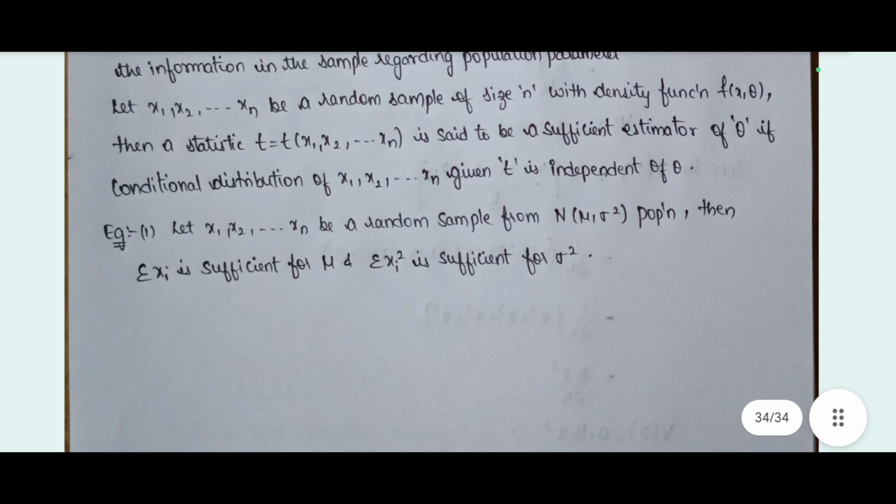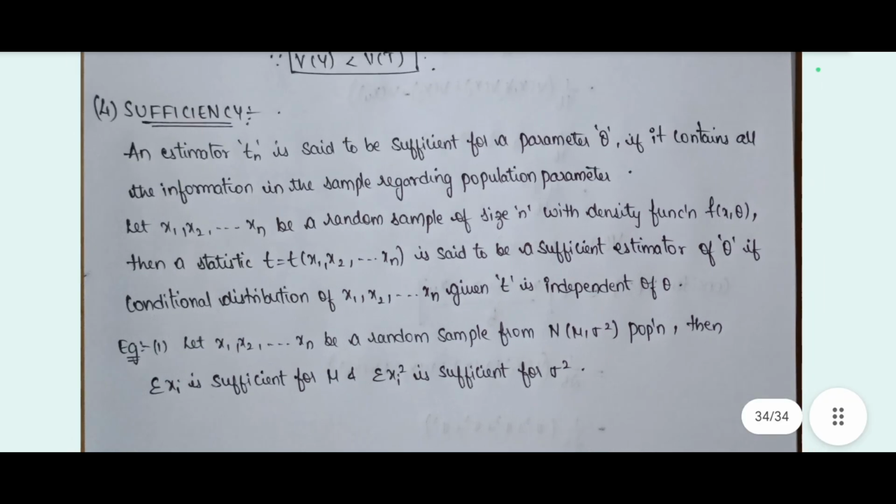So what they want to say here is the sufficiency condition plays a very important role. That is, the conditional probability of the statistic given the joint probability function is completely independent of theta. Then only we can say that t is going to satisfy the sufficient estimator condition.